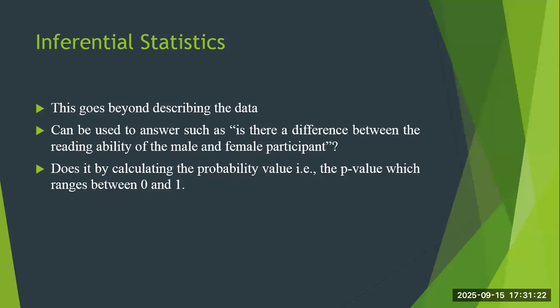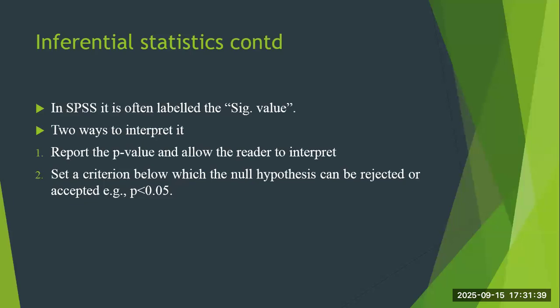The p-value always ranges from 0 to 1. The closer to 0, the more likely there will be a difference. The closer to 1, the less likely that there's going to be a significant difference. So in other words, there are 2 ways to handle your p-value. The first is to give a cutoff for your study, and this is what many of us do when we say that p will be considered significant when it is less than 0.05.